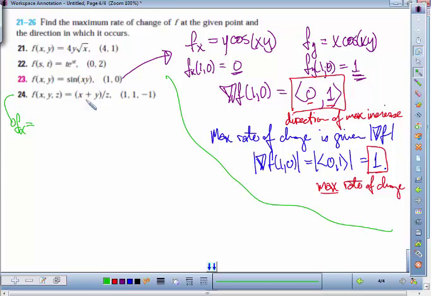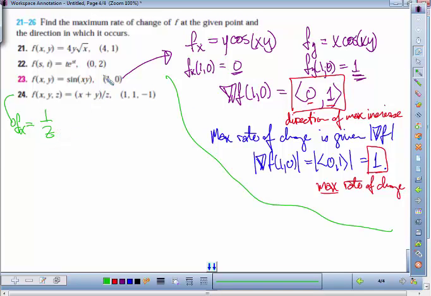So the derivative with respect to x, oh, how do you do this? Just 1 plus y over z, maybe? Is that right? Yes, 1 over z. That's what I was just checking to see if you guys were right. 1 over z.